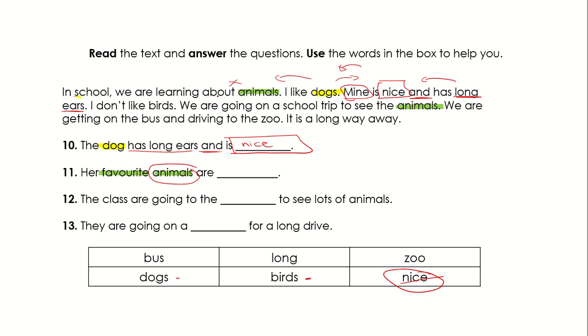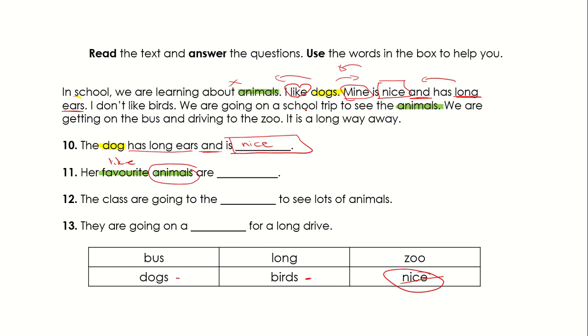And remember what I said, when we find the word we highlighted, read the sentence after, the sentence before. So this sentence did not help me. Let's look at the one after the word animal. I like dogs. Like means she likes it. Let's make a heart, okay? Like is another word for favorite.